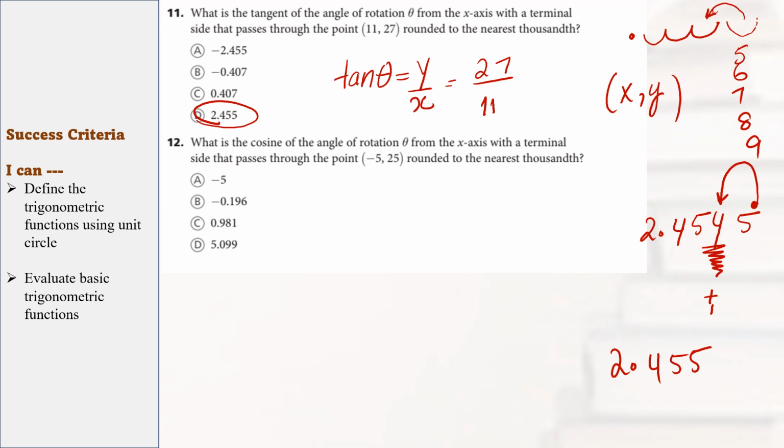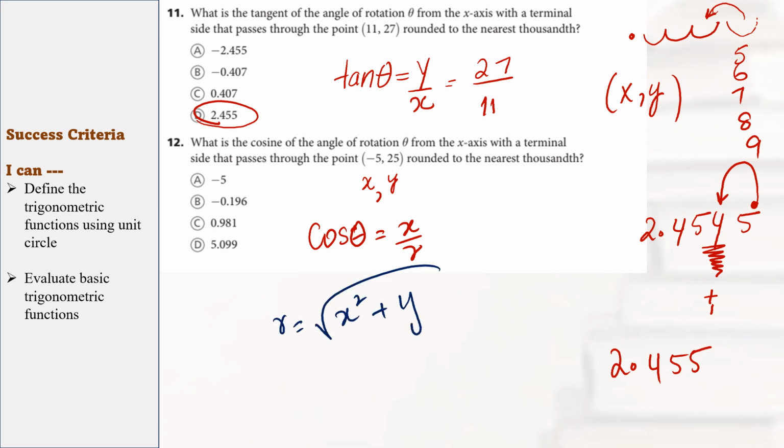Next question, what is the cos of the angle of rotation when the coordinates x and y are negative 5 and 25? Now remember, to find the cos, my formula is x over r, which means I need to find out the r, the hypotenuse, the formula for which is x square plus y square.